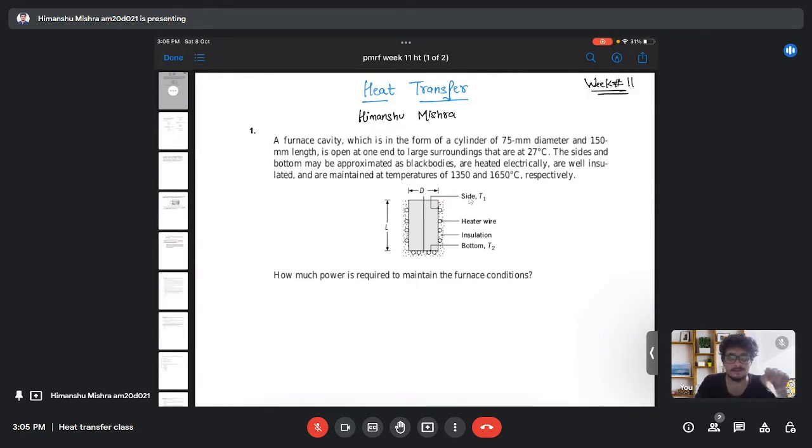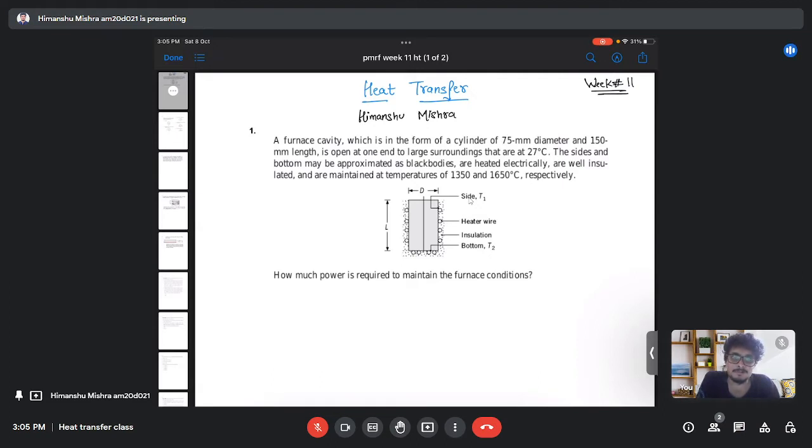The radiation heat transfer will depend upon the orientation of the surface and the way it is arranged in the system. This will be given by the view factor, and for different view factors the radiation heat transfer will change, and we will look at a couple of problems related to that.